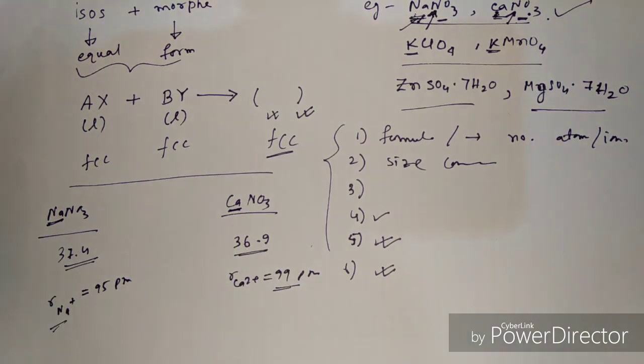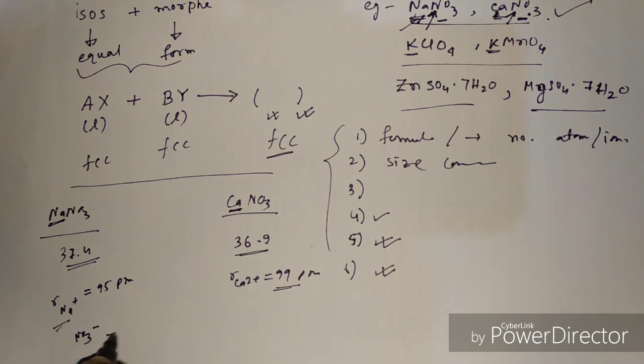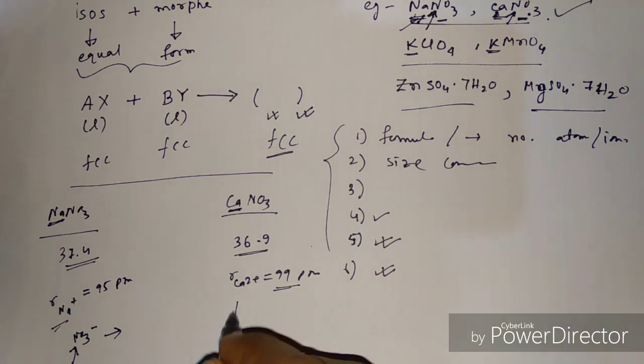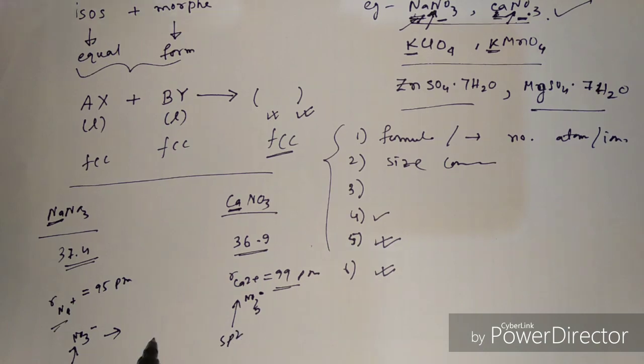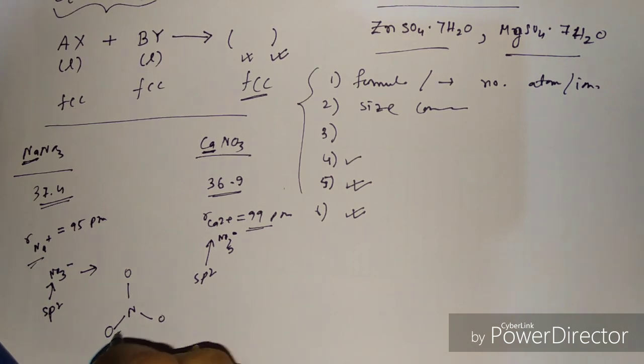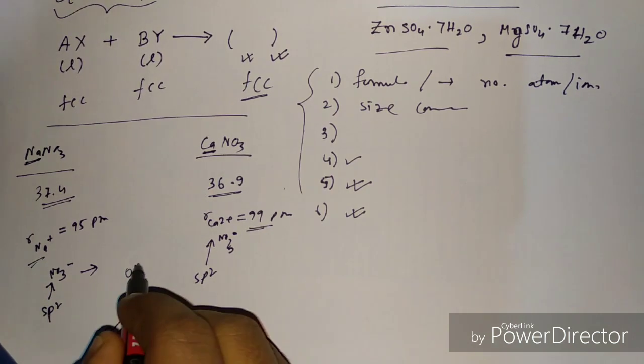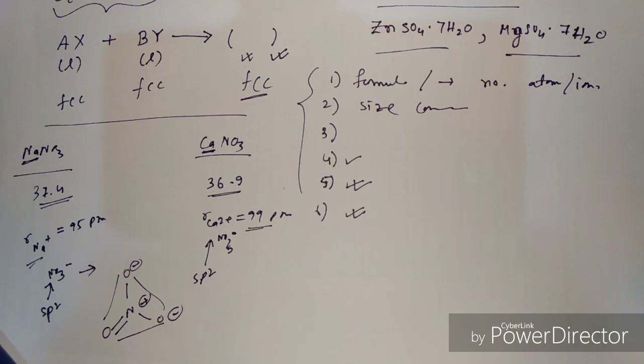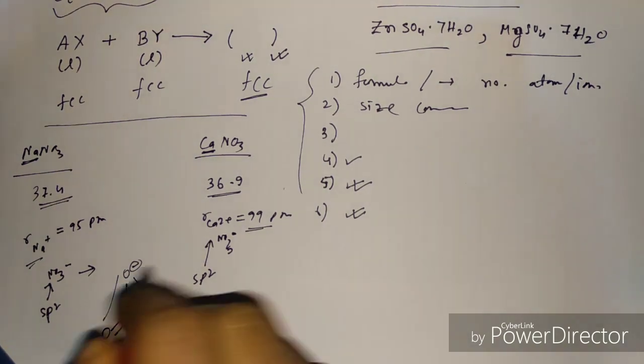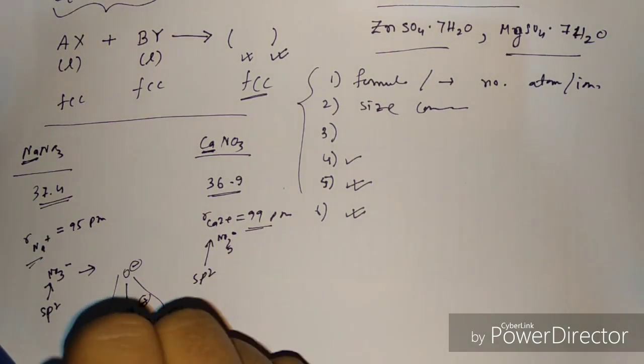And then coming to the NO3 minus ion, NO3 minus shows sp2 hybridization. Here also NO3 minus shows sp2 hybridization. How does it look? NO3 minus, so it is trigonal planar. So both have a similar kind of structure.